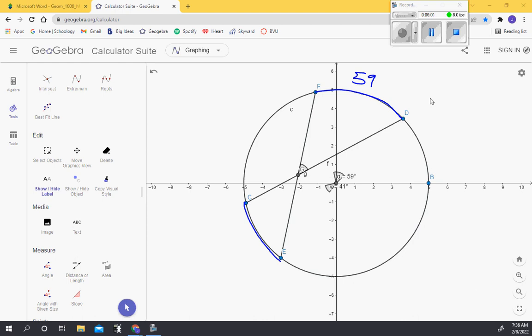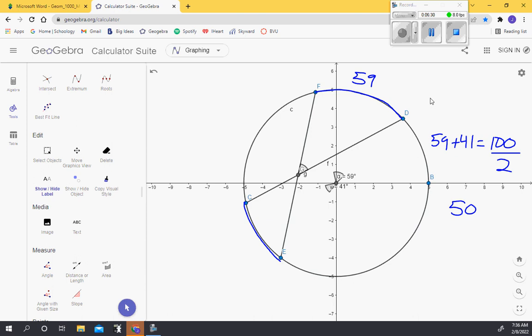Okay, and I want to find this measure. We'll go blue. We'll find this measure by using our theorem. Okay, and then we'll see if we're right. We take 59 plus 41, and then we have to divide that by 2. So 59 plus 41 is 100. Divide that by 2. We should get 50 degrees here. It should be 50 degrees.